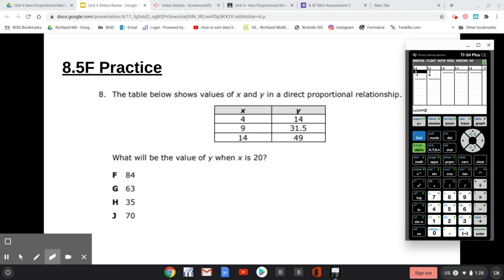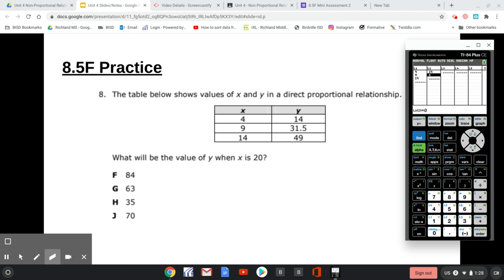So this is going to be a couple of steps here. I'm going to find out the slope and if it has a y-intercept. Let's see if it does. So we have 4, 9, 14.